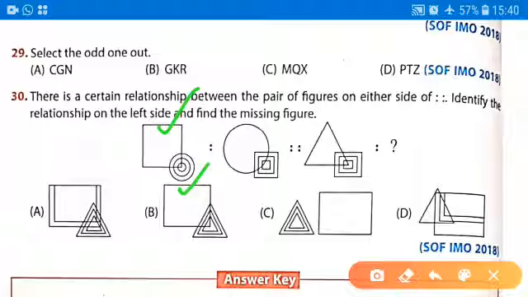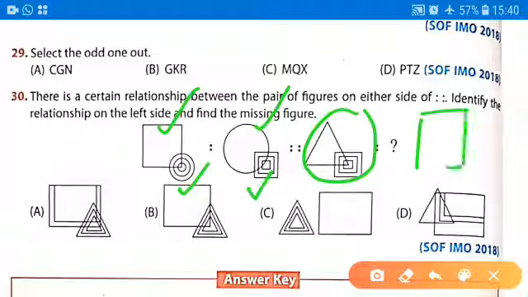The circle is the bigger one now, and the squares are smaller, three smaller squares. In the same way, the triangle and square will interchange in that figure. So the square will be bigger and we will have three smaller triangles, like this and like this. So the correct option I can see here is option number B.